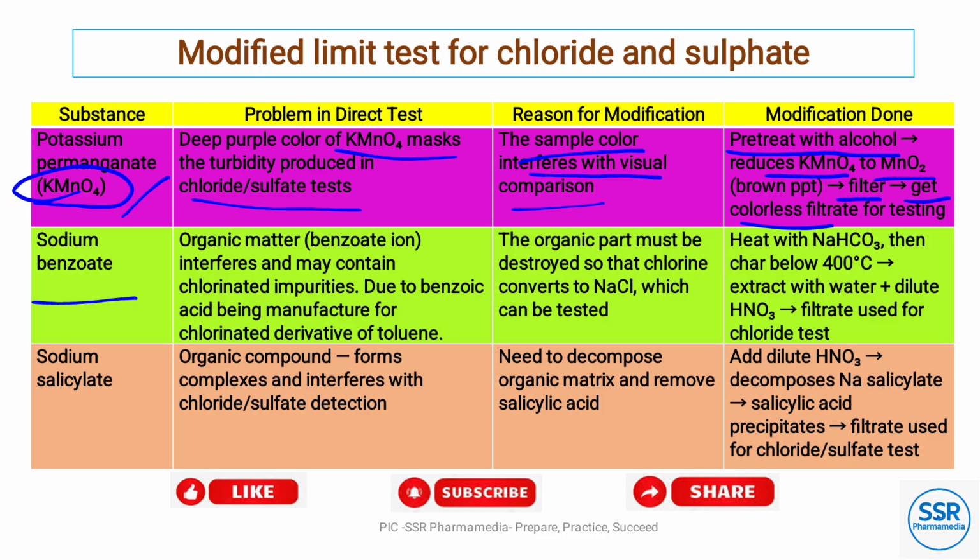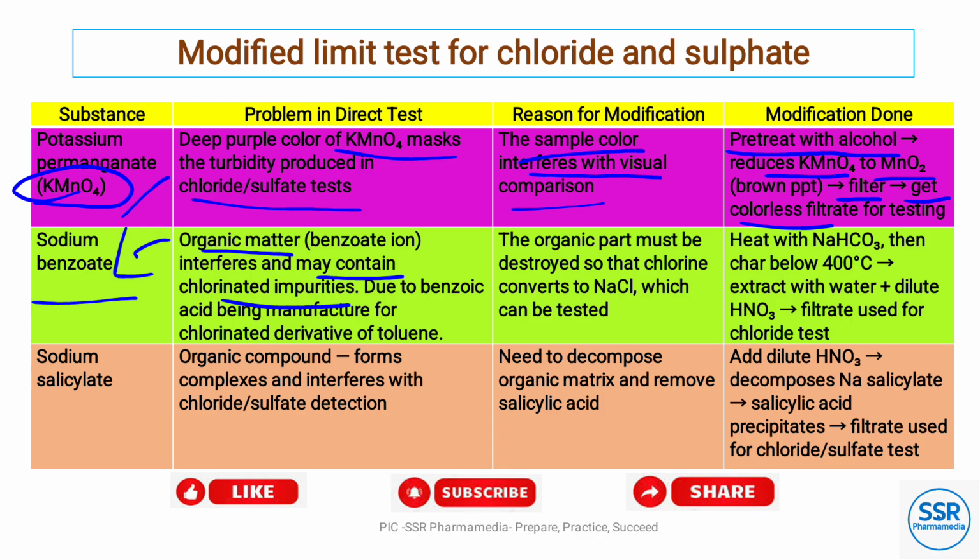Next, sodium benzoate. Sodium benzoate contains the benzoate ion, which is organic matter. It interferes, and it may contain chlorinated impurities because benzoic acid is manufactured from a chlorinated derivative of toluene. Due to the manufacturing process, chloride may be present as an impurity in the sodium benzoate sample.